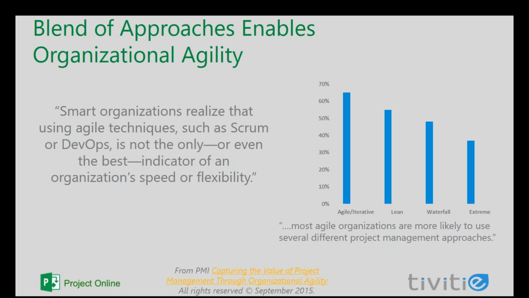More lean approaches, which are common in a lot of manufacturing or product development type of organizations, over 50%. Traditional waterfall is actually a little less than that. And extreme methods, things like XP or extreme programming and other variants of those types of things, are out there as well. And organizations tend to be using a blend of these, it seems.